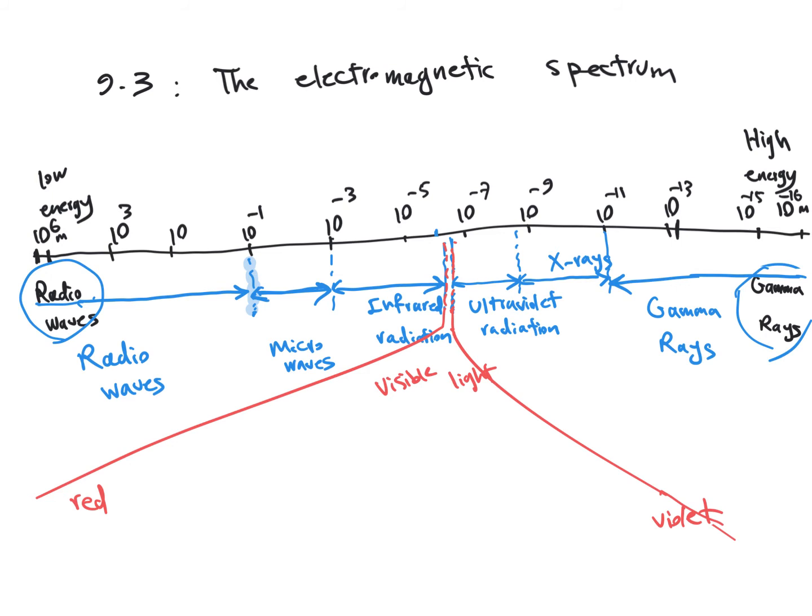This is how you can remember where they are located in the spectrum. So red is close to IR, and violet is close to UV. Does that make sense? Any question about this spectrum?